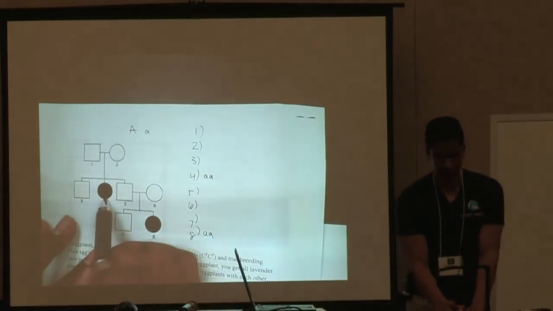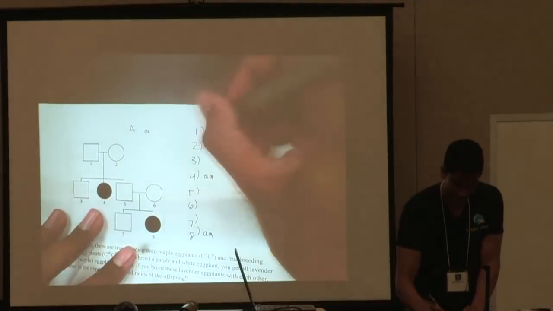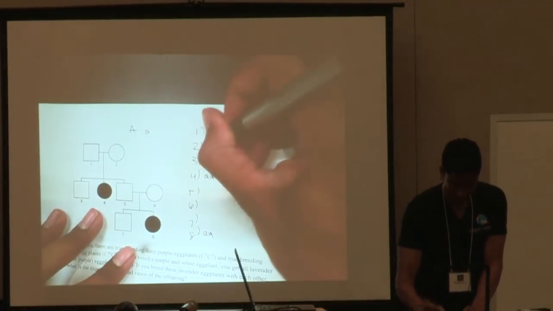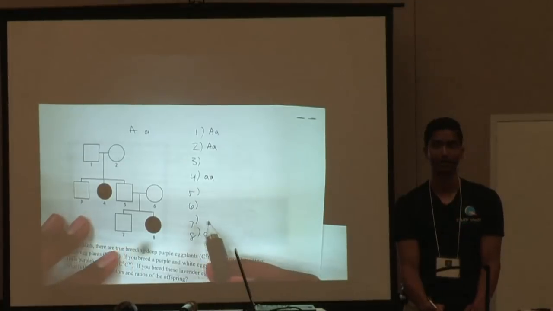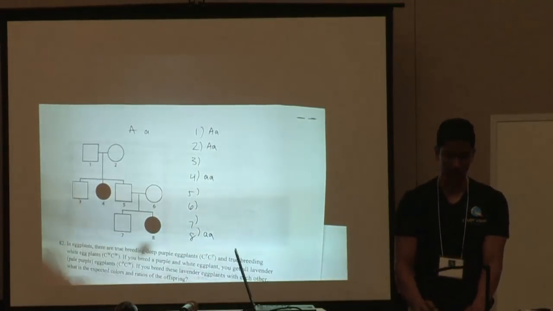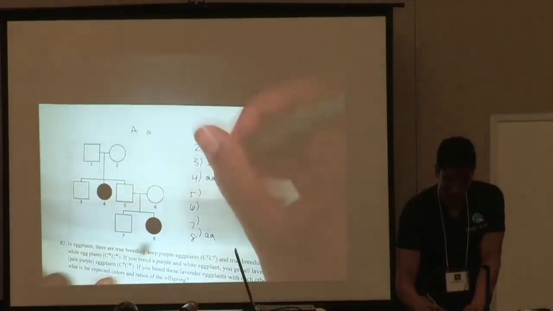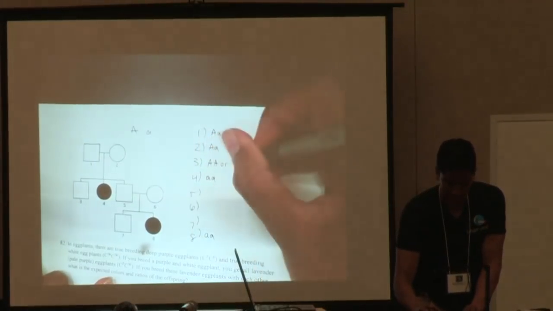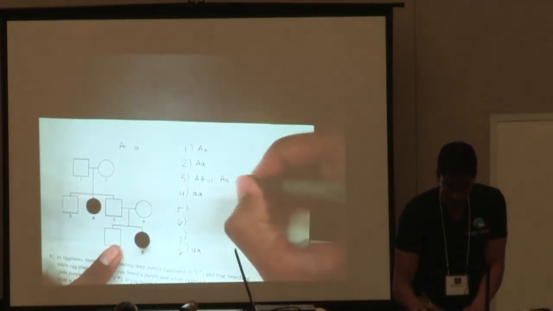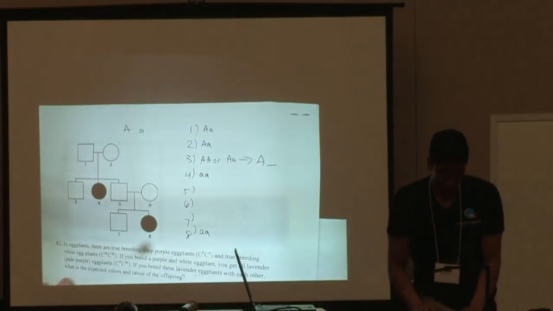So if they had a recessive kid, what do we know 1 and 2 have to be? Heterozygote. Good. Does that make sense why? Okay. What about number 3? Good. So big A, or, and it'll probably be written as that. What about 5?